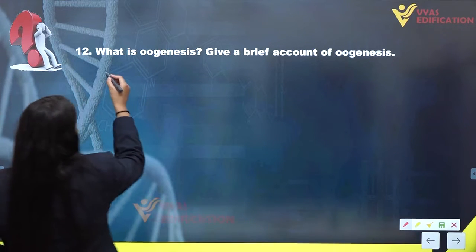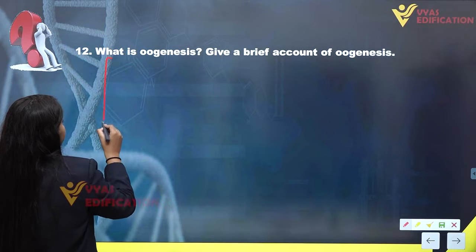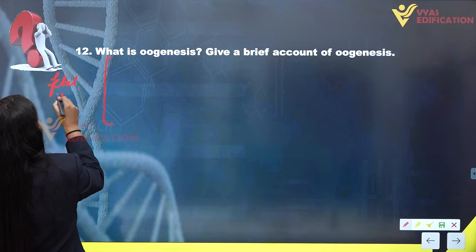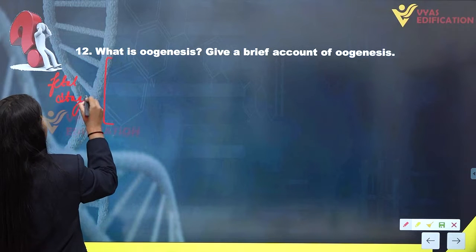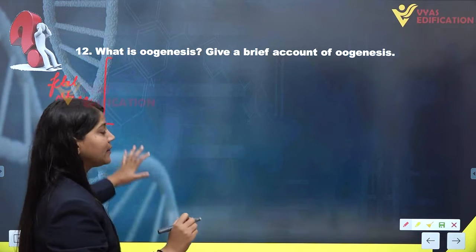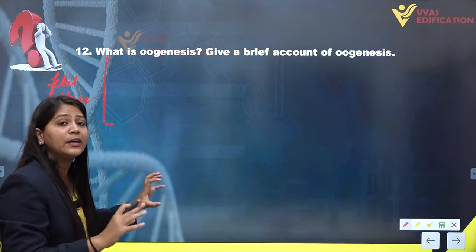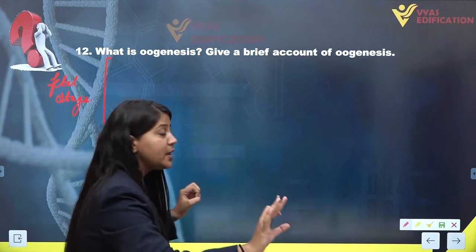So here we are writing, this is the fetal stage of a female child. All these things which we are writing on the screen occur in the ovaries of a female.